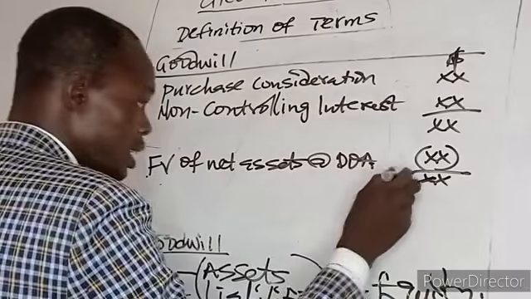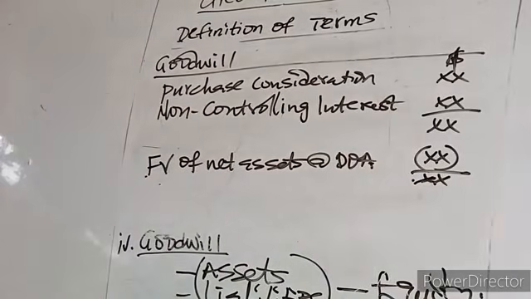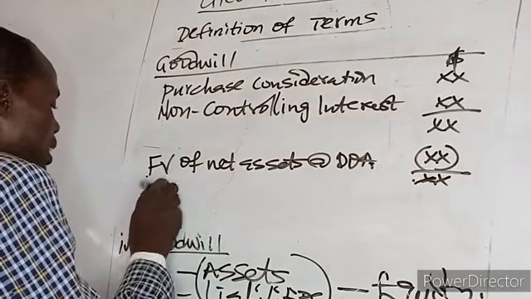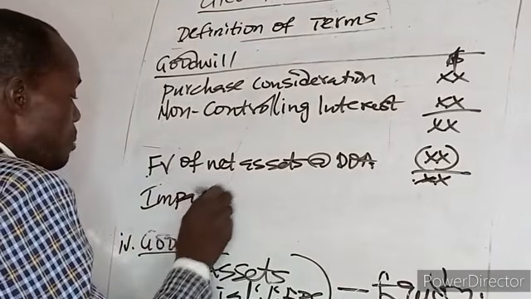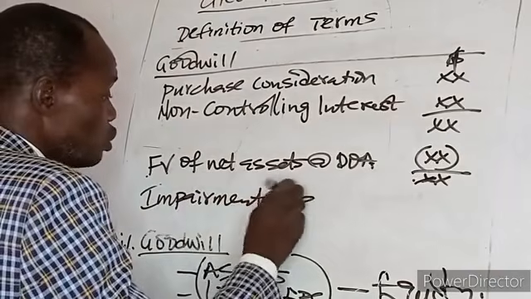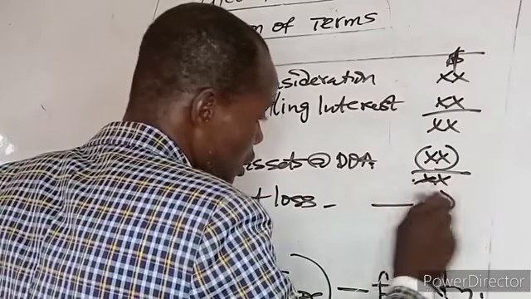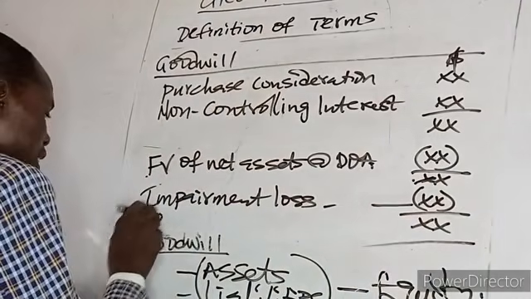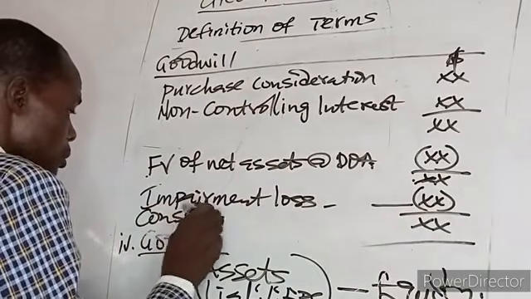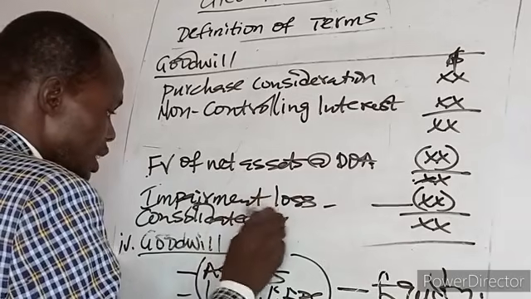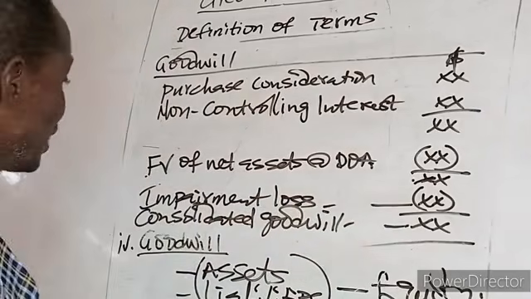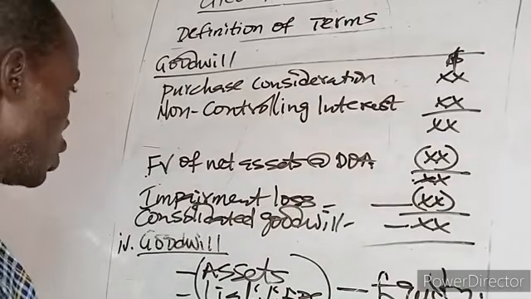This is goodwill, and the goodwill should be subject to an impairment review. When you have impairment loss on goodwill, you deduct that. When you deduct that, you arrive at the consolidated goodwill. This is the goodwill that will appear in the consolidated statement of financial position.